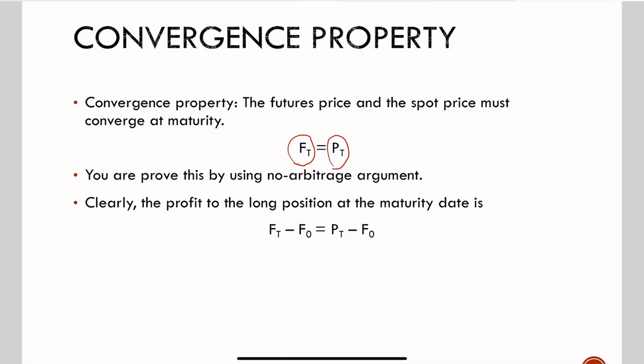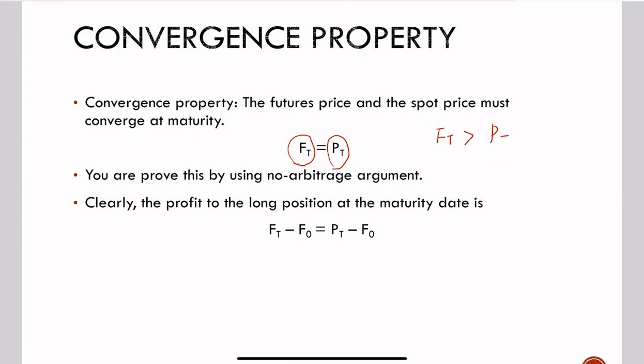Clearly you can see this by using a no-arbitrage argument, right? Assume FT is larger than PT, what can you do? Well, you will enter a short position in this futures contract. A short position means you will have to deliver this commodity, and you can just buy this commodity at a lower market price and then deliver it. So you will get a positive profit.